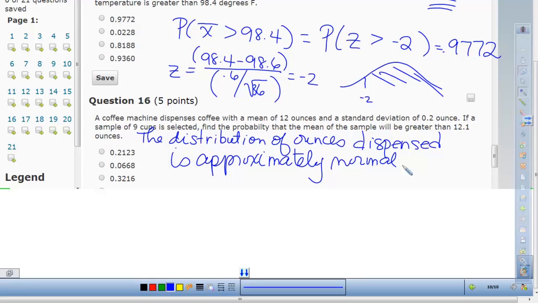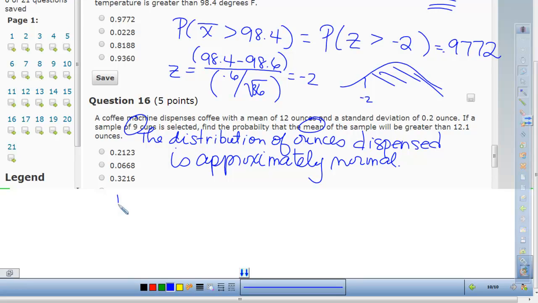We need that because in this case our sample size isn't large enough for us to assume it otherwise. Everybody understand? Looking back at what they're asking us to find, we want the probability that the mean. When we talk about probabilities of means, that lets us know we need to apply the central limit theorem if we've met the conditions.